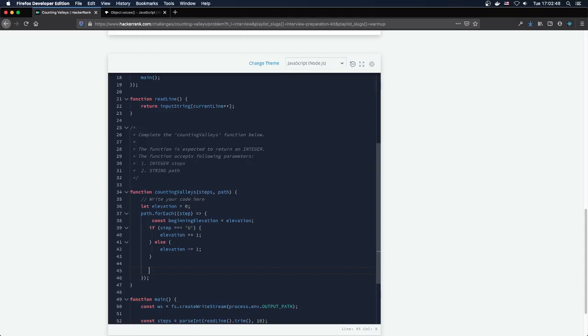Then if beginning elevation is equal to 0, and elevation is now less than 0, then I have valleys plus equals 1.